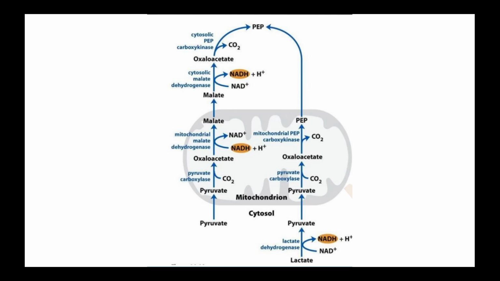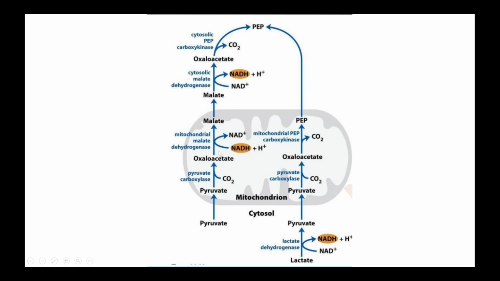When it converts lactate to pyruvate, it releases one NADH in the cytosol. This pyruvate will then be carried into the mitochondria through the membrane, and then converted into oxaloacetate by pyruvate carboxylase, just like the previous step. This oxaloacetate can directly get converted into phosphoenol pyruvate by mitochondrial PEP carboxykinase.